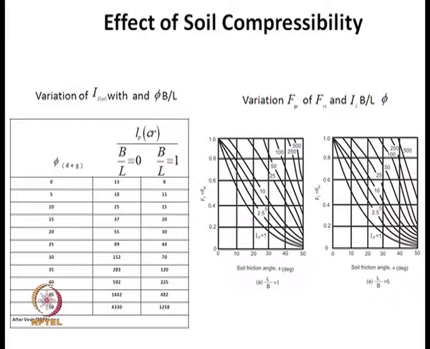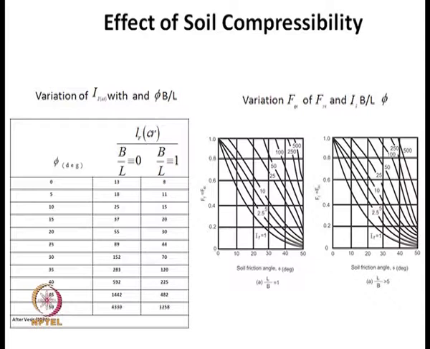Now, here in these two tables, the x axis represents the soil friction angle phi and the y axis represents the F gamma C, that is equal to FQC. These lines are the values 1, 2.5, 5, 10, 25, 50, 100, 250 and 500. This is for rigidity index.